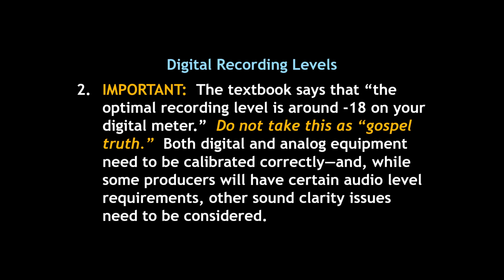Now, you want to be careful with that because even digital studios are going to be set up in certain ways where calibration issues come into play, and you really need to experiment and determine what the optimum recording level is.